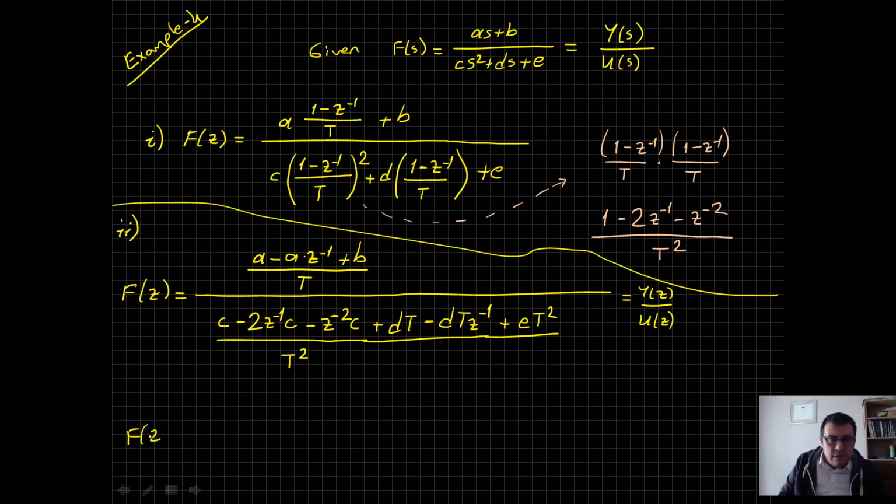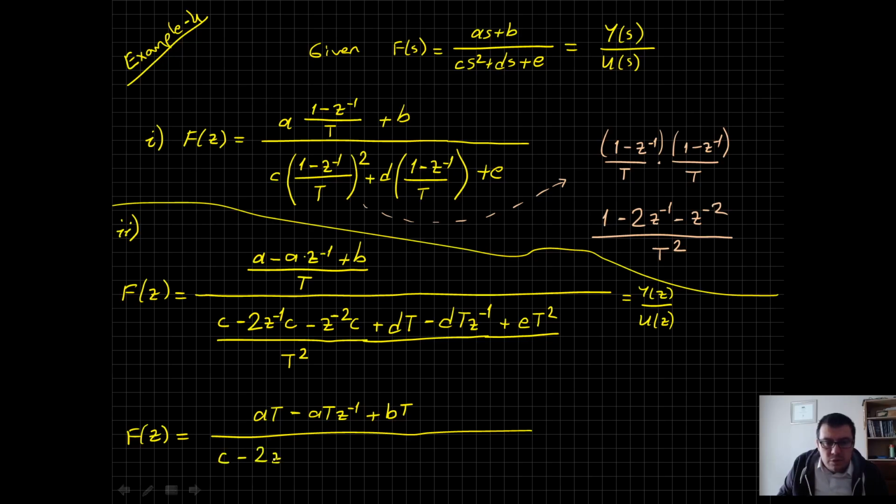F of z should be equal to, if you move this up, you're gonna have here at minus at z^-1, plus bt over t squared. These t squares will cancel each other. Then you're gonna have in the denominator the term c minus 2z^-1 c minus z^-2 c plus dt.